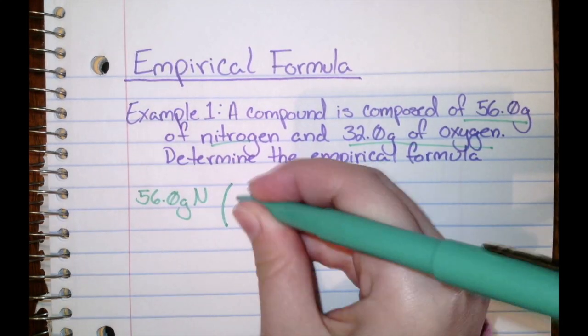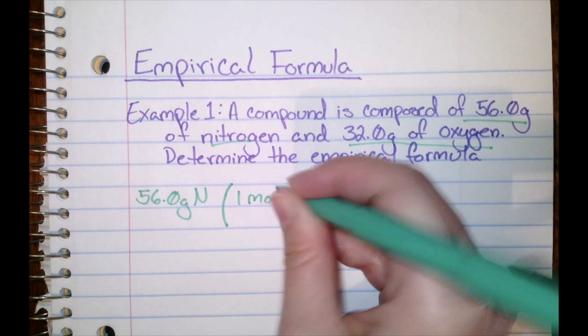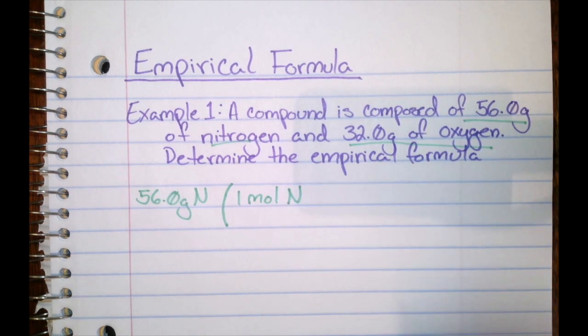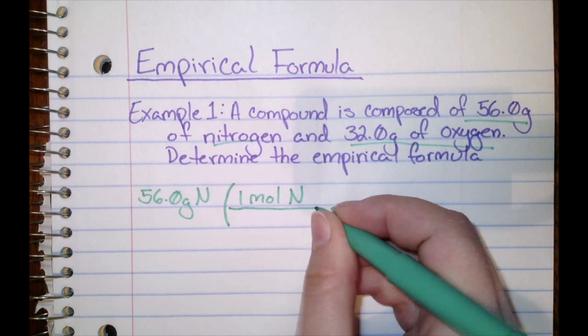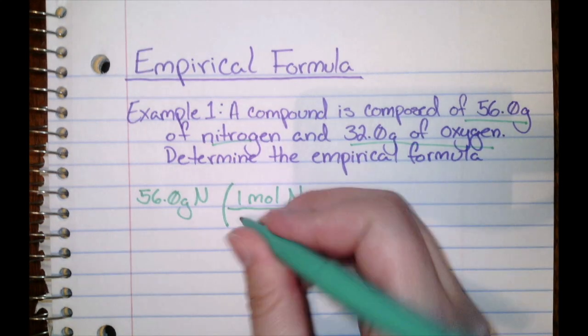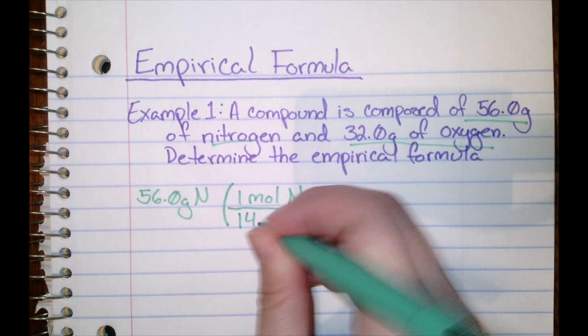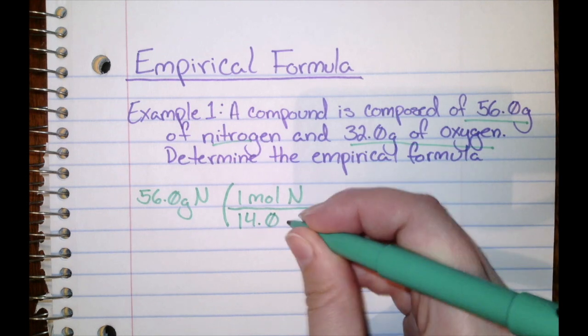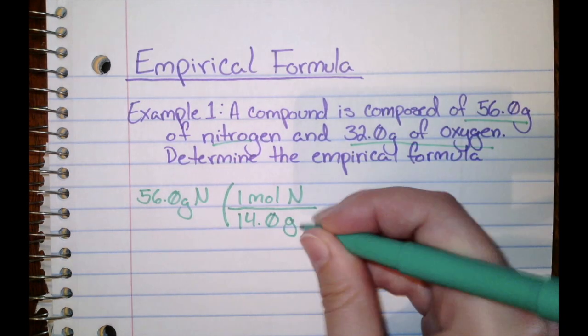I need to convert it to moles of nitrogen. So I'm going to put my moles on the top and mass goes on the bottom, just like a regular dimensional analysis problem. In the case of nitrogen, it has a molar mass of about 14.0 grams per mole.